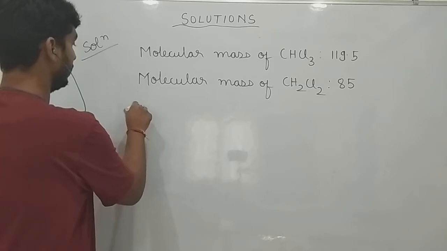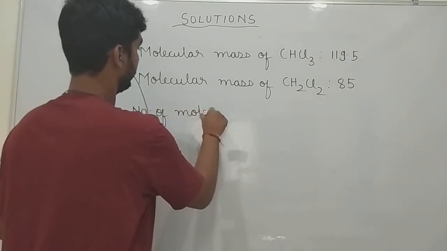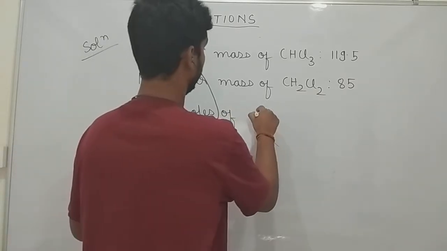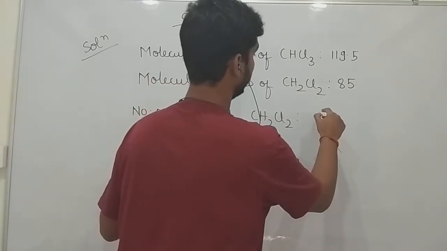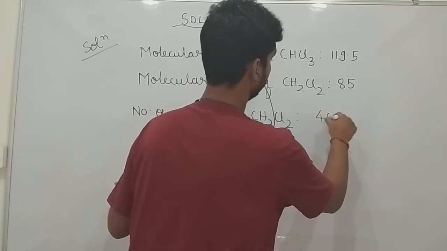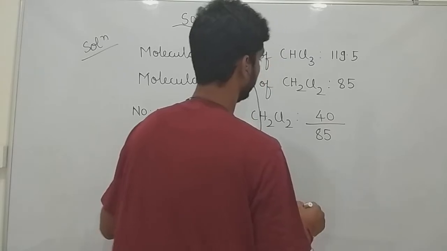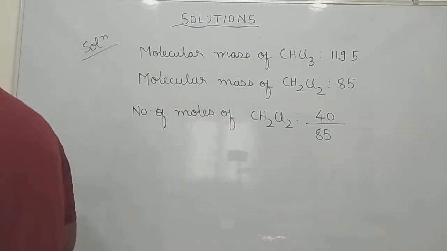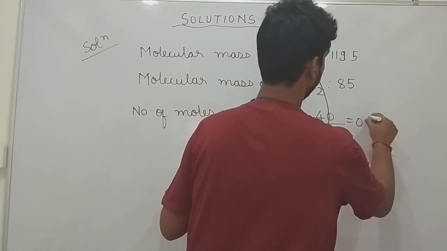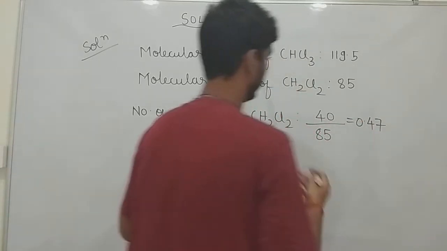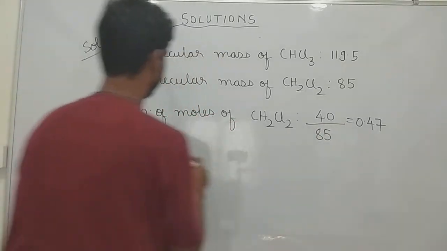Now we know their molecular masses, we can find the number of moles of each of these. Number of moles of CH2Cl2, that is dichloromethane, will be given mass, that is 40 gram, divided by molar mass, that is 85. It comes out to be roughly around 0.47. So number of moles of CH2Cl2 is 0.47.